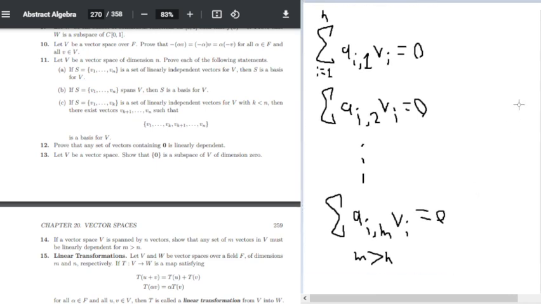So we can have vi's be positive values. So in each of these, we have the sum of a_jk is not equal to 0 for each j. And we want to show that this has a non-trivial solution, meaning possibly that not all the vectors are equal to 0. So let's do this by induction.